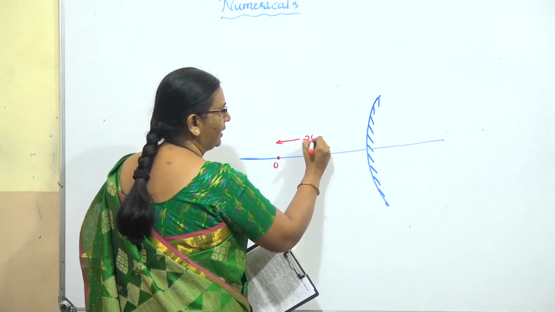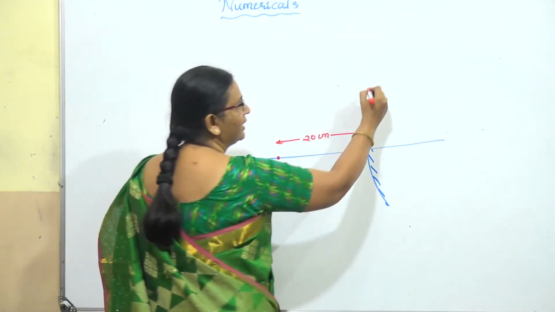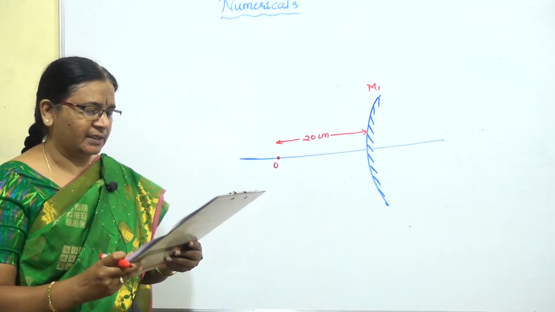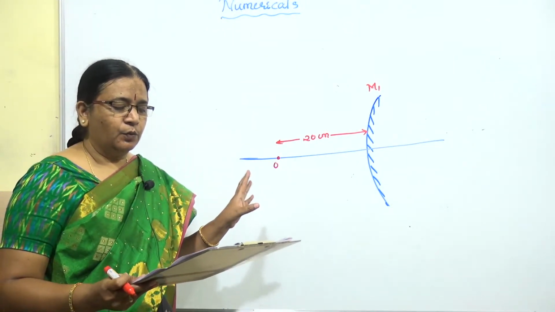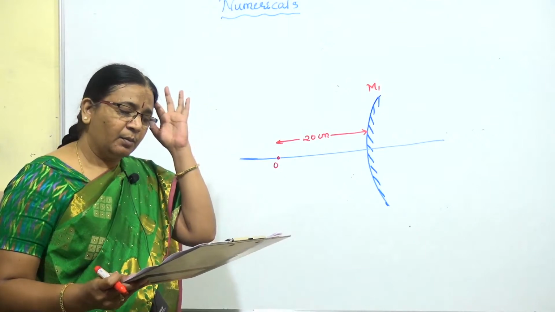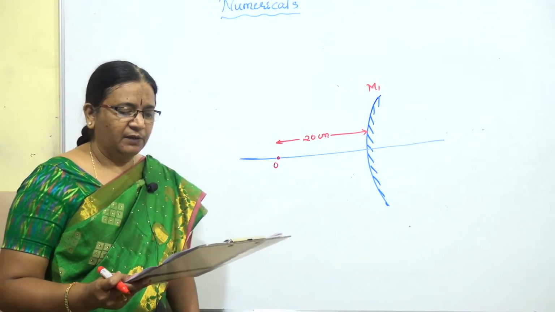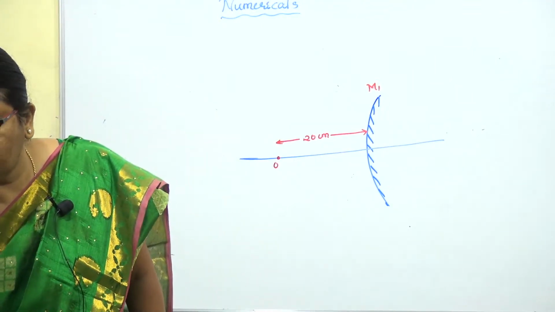It's 20 centimeter from the convex mirror. Let me take this mirror as M1, because one more mirror is there. A plane mirror is set so that the virtual images formed by both the mirrors coincide. If the plane mirror distance is 12 centimeter, you have to find the focal length.